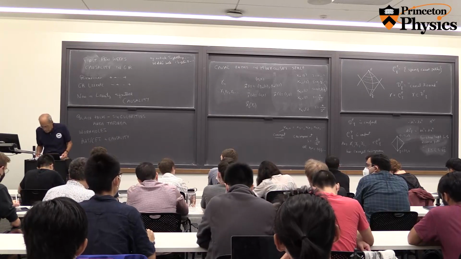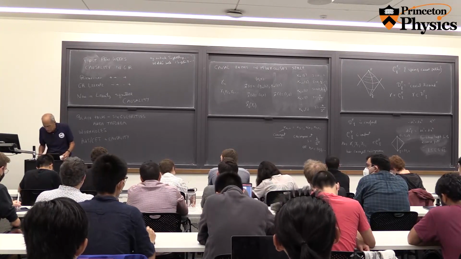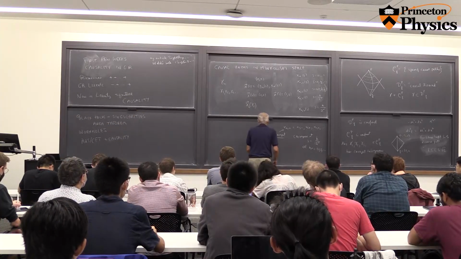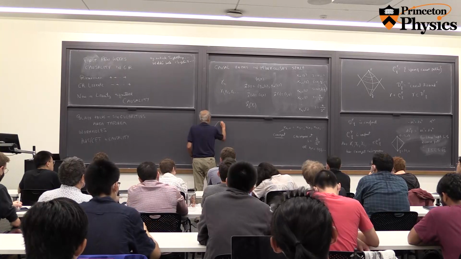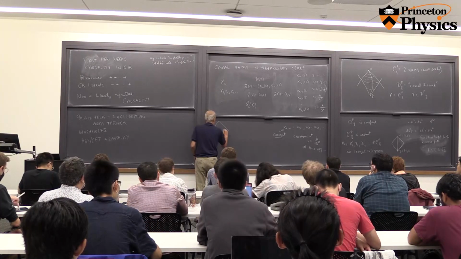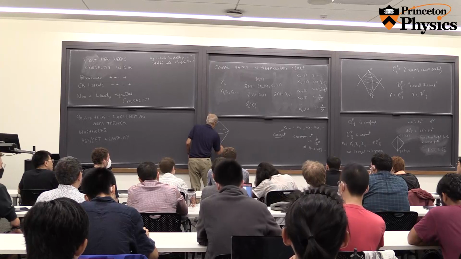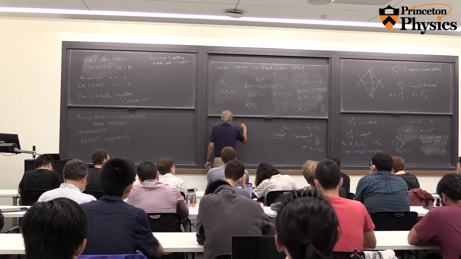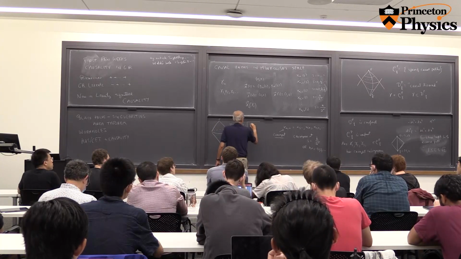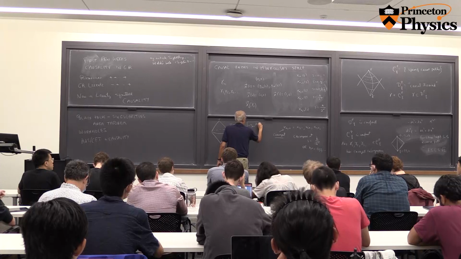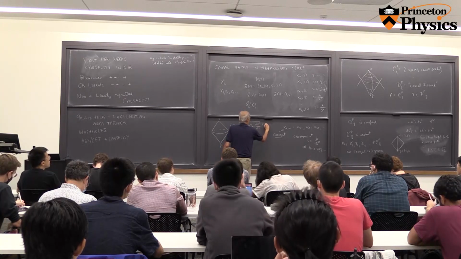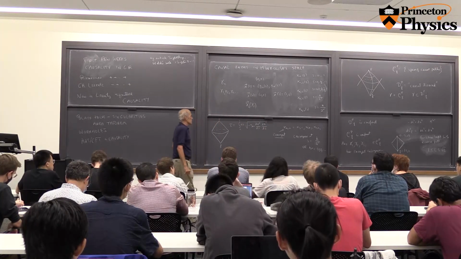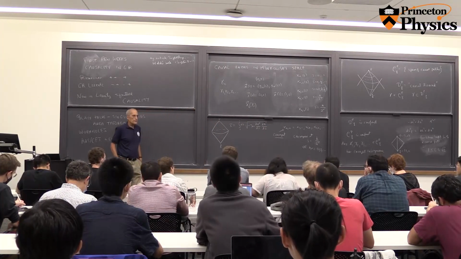It might not be immediately obvious, but I'm going to first use it to draw a trivial corollary, something that you already know, just to illustrate the idea. If you have a causal path, it has an elapsed proper time. And that's a function on the space of causal paths.